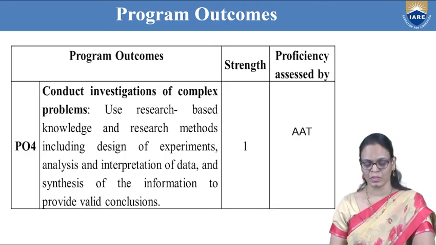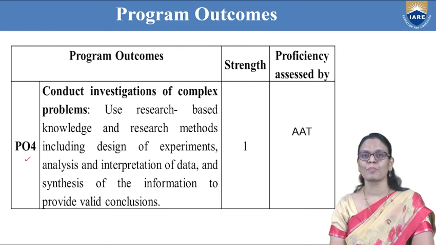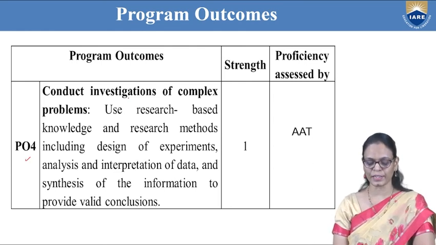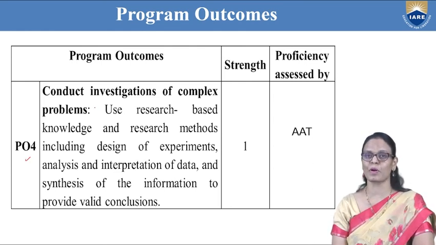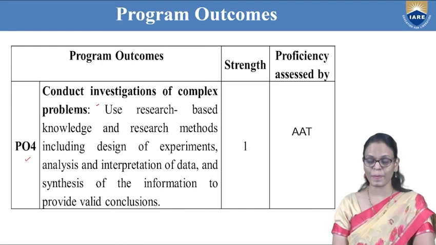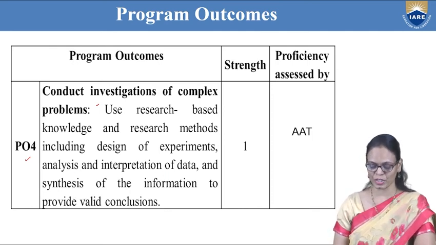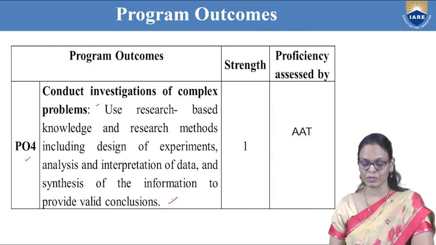And one more, that is PO4, which is about conducting investigations of complex problems. When we say complex problems, it means using research-based knowledge and research methods, including design of experiments, analysis, interpretation of data, synthesis of information, and providing valid conclusions.